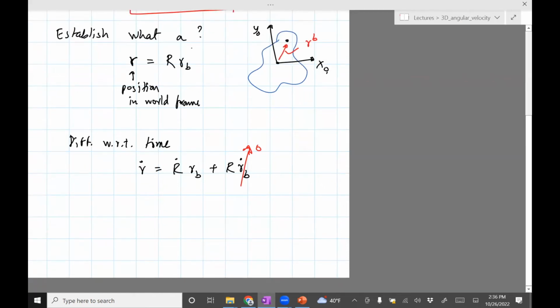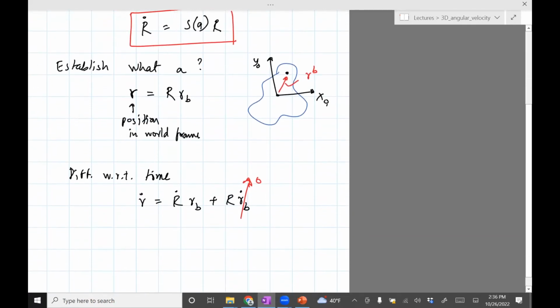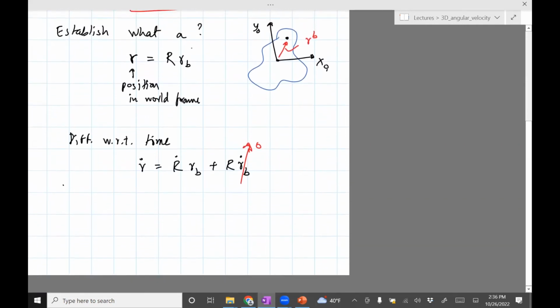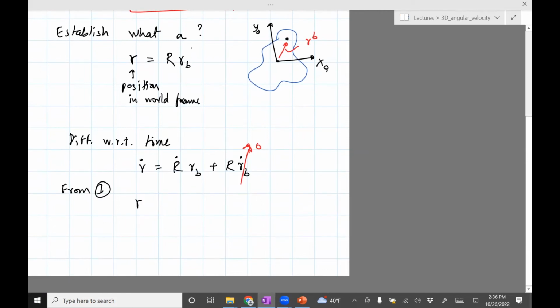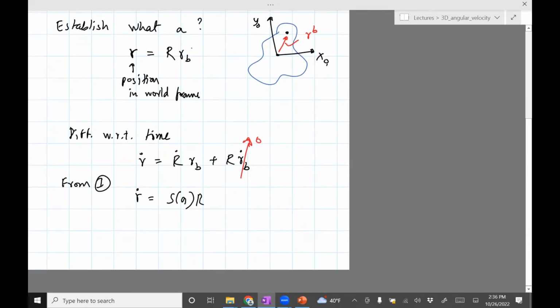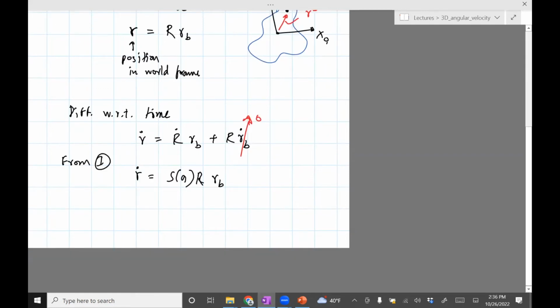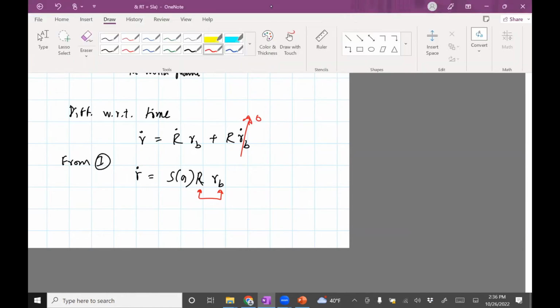So I have small r dot equals capital R dot times rB, but I know that R dot, let's call this 1, from 1, R dot equals S of A times R, so r dot is S of A times R times rB. But R times rB is something we already have. Let's call this 2.